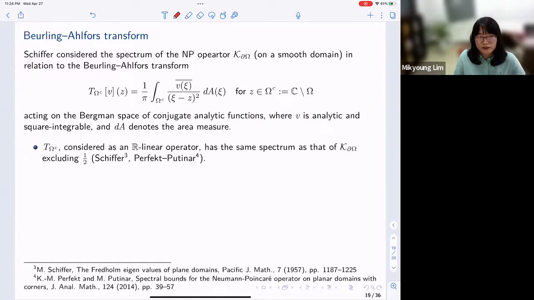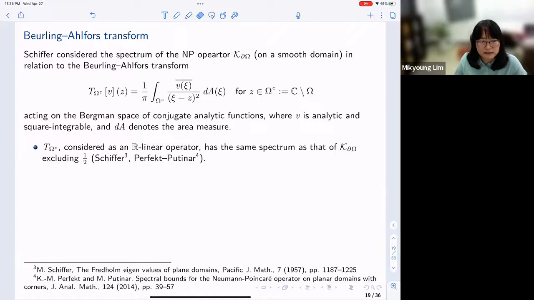And the Grunsky coefficient is related to the Bergman-Schiffer transformation. And Shapiro considered the spectrum of the NP operator in relation to the Bergman-Schiffer transform, which is an integral over either the interior or the exterior of the domain. My result is related to this transform for the exterior of omega, and that is the integral of a conjugate analytic function.